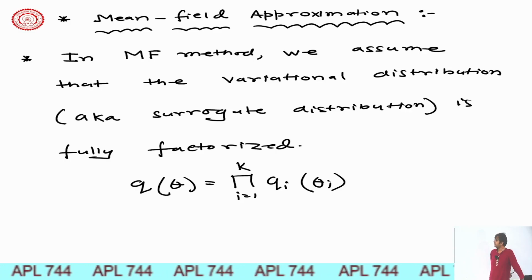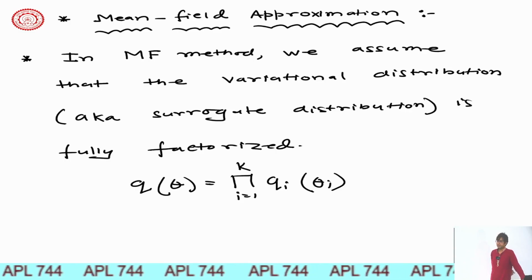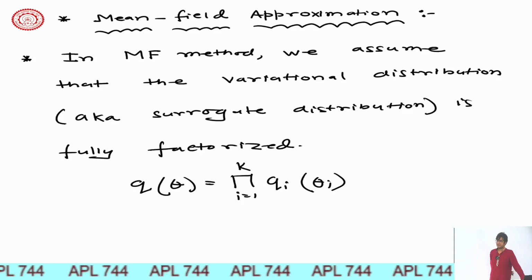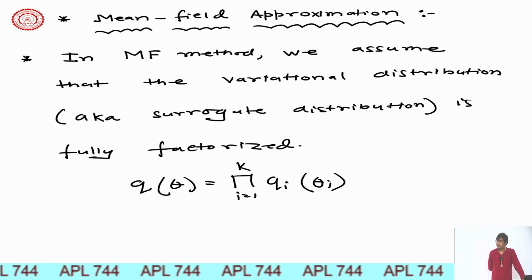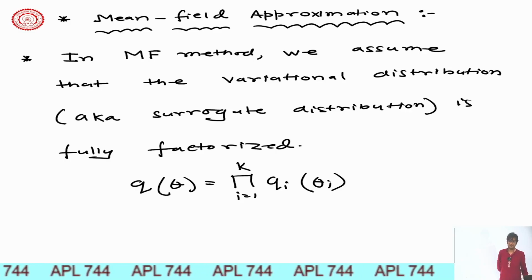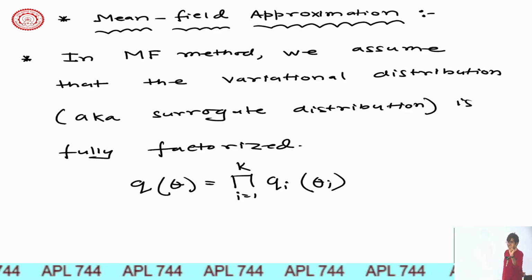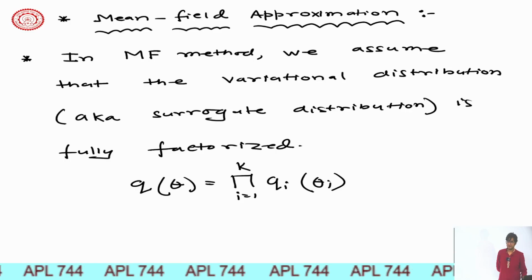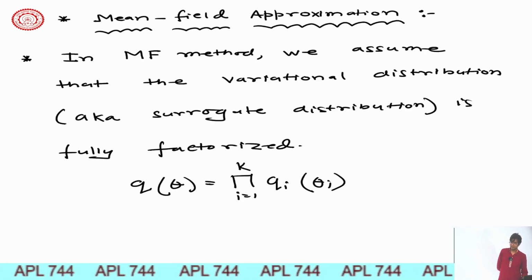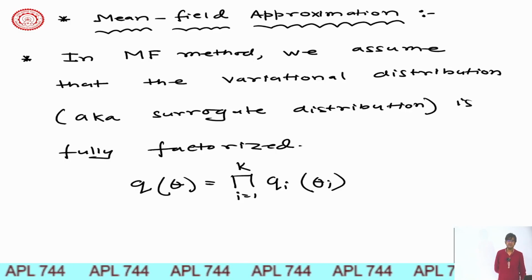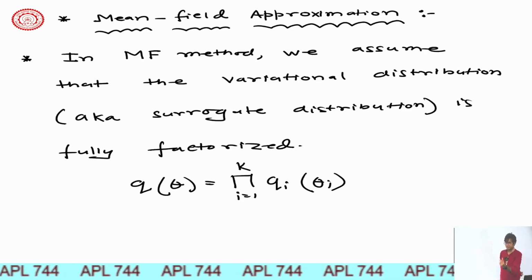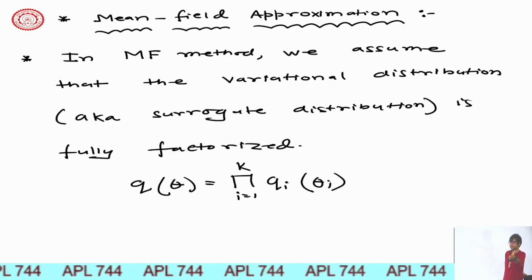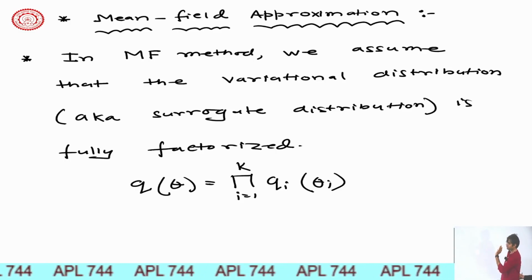Can you tell me what else does it mean? I told it actually a little while ago. It basically means that all the thetas are independent. They may not be identically distributed, but they are definitely independent. Now, if theta is also identically distributed, then what will change in this? This expression only assumes independence. It does not assume identically distributed. So, let us assume that it is also identically distributed. Then what will change in this equation?